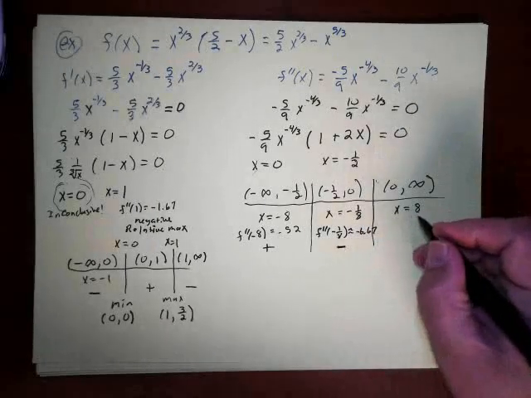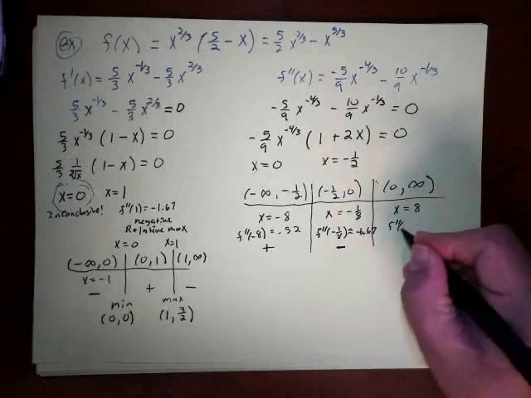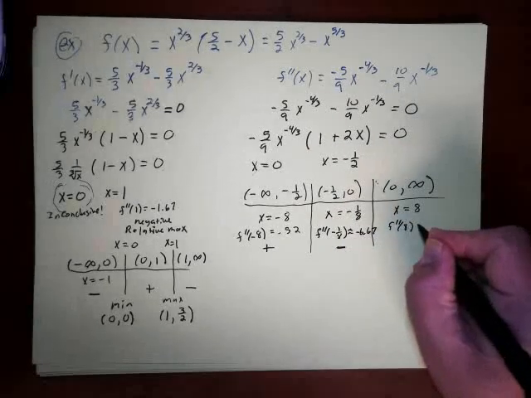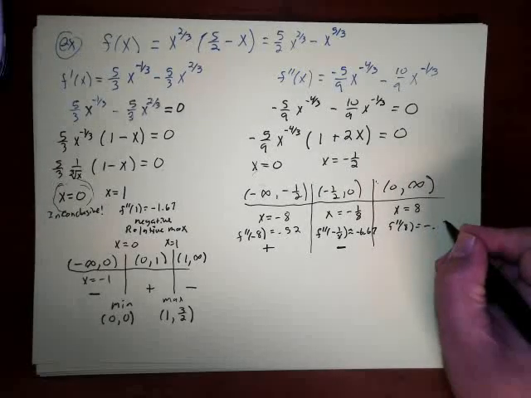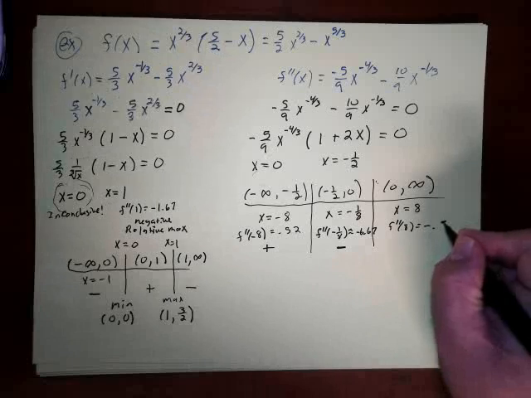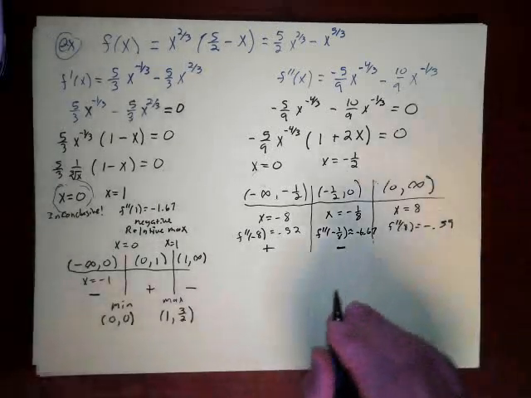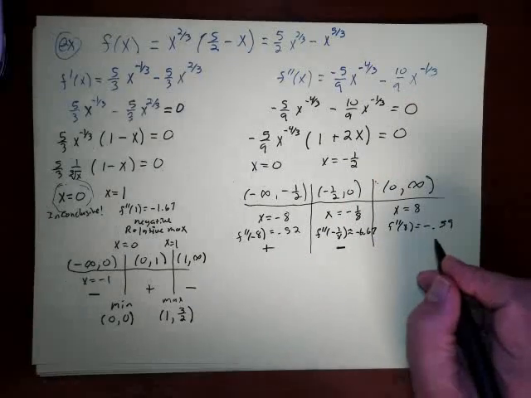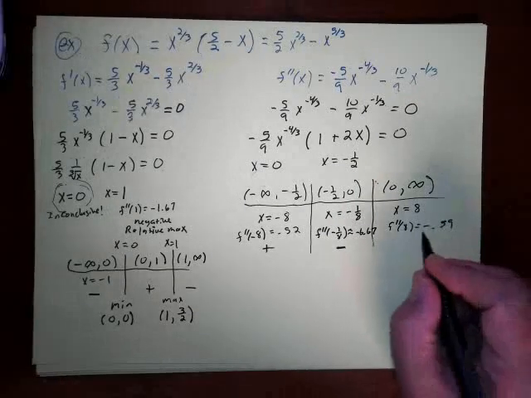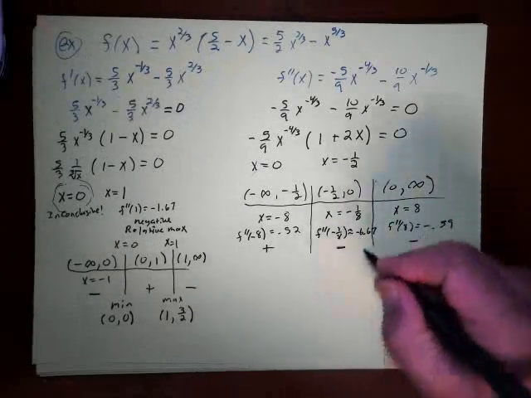And then when I put in 8 here, f double prime of 8 ended up being negative 0.59. So that was a minus at 0.